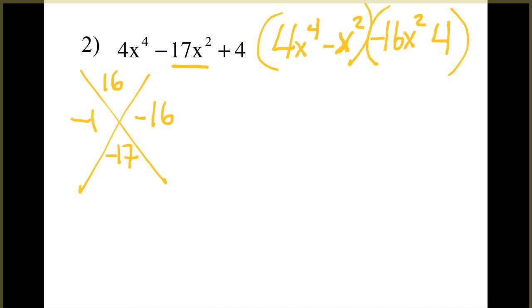Okay, so if I divide my GCF out of the first binomial, what I'm left with is, I'm going to divide out an x squared. And what I'm left with is 4x squared minus 1. Then I divide out a negative 4.